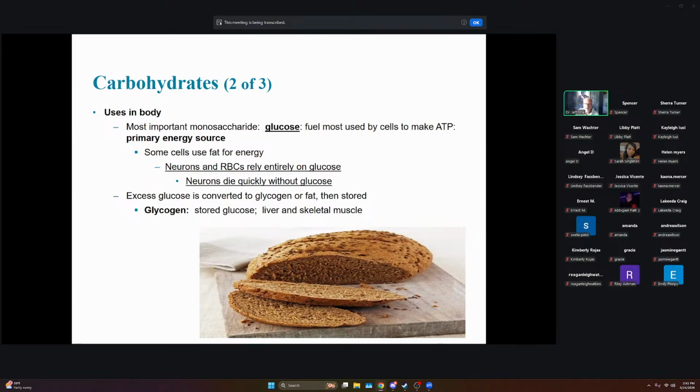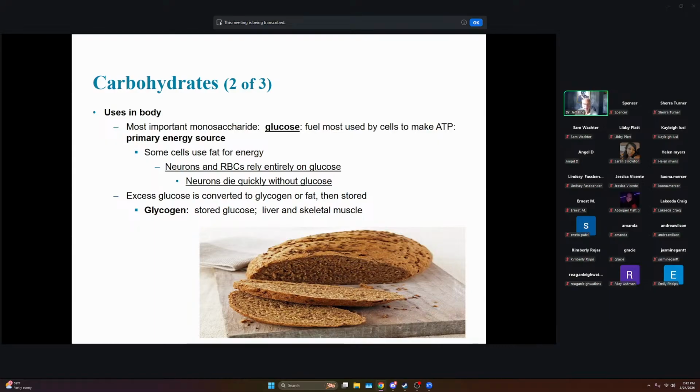Then when the glucose levels circulating in our bloodstream start to get low, our body is going to reach out and convert that stored glucose, glycogen, that reserve capacity, back to glucose again and burn it next. So glucose circulating in our bloodstream is the immediate power grab to make ATP.